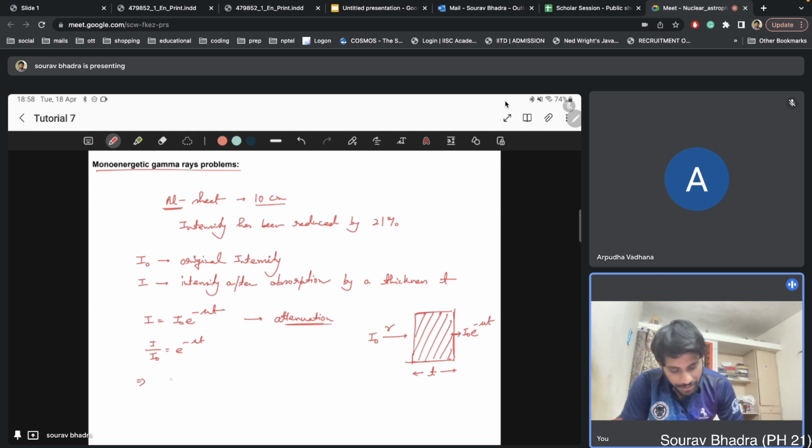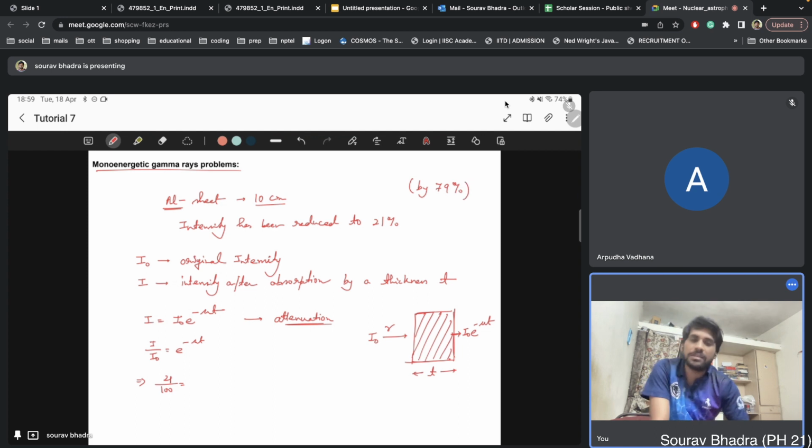So I by I0 is given as 21 by 100, as 21% is the intensity. Oh, sorry. According to the problem, I have made one mistake. The intensity has not been reduced by 21%, it is actually reduced by 79%.